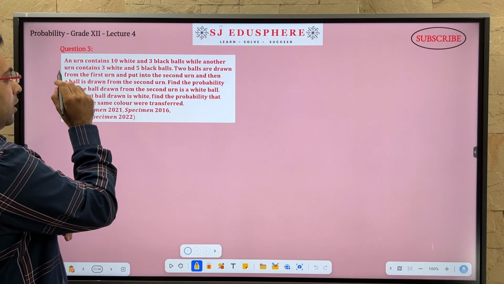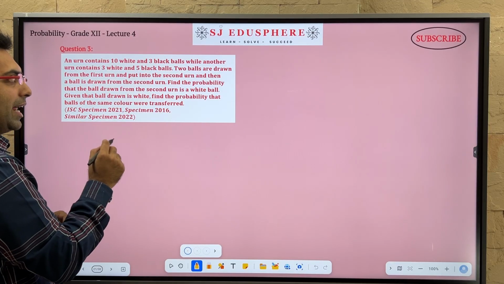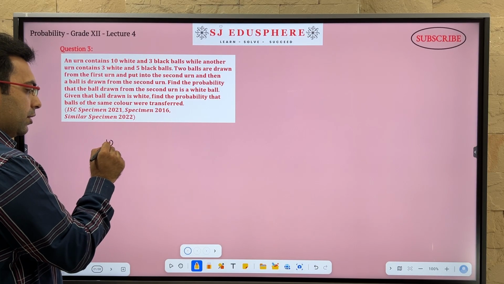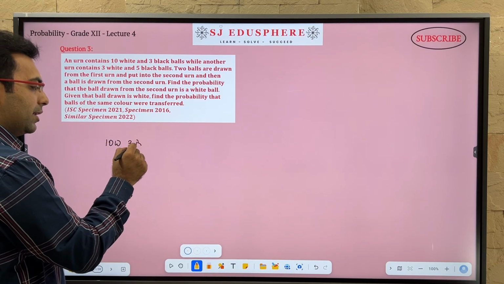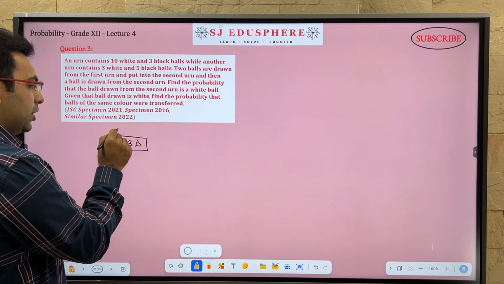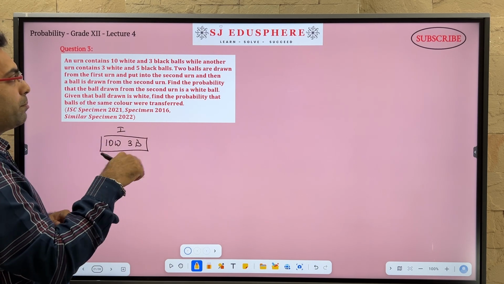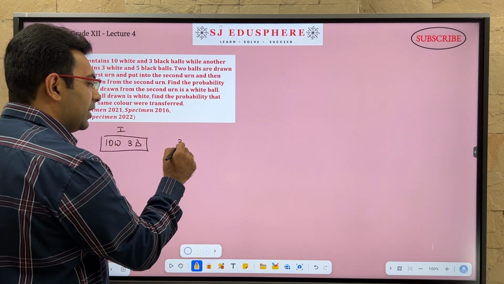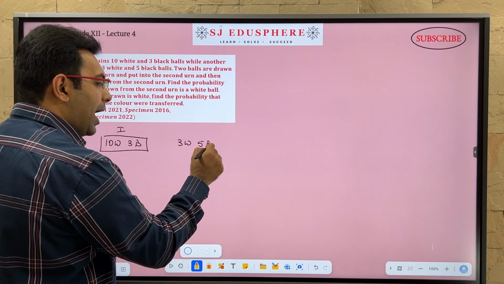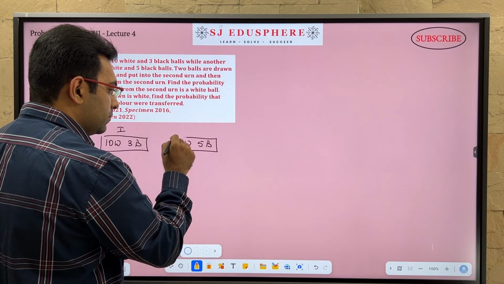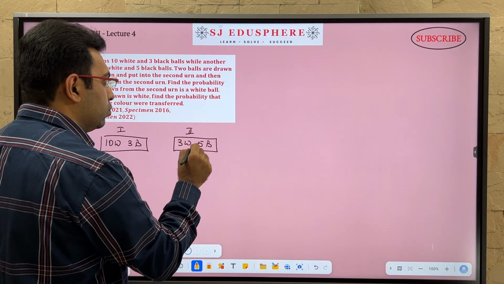I have urn 1 which contains 10 white and 3 black. This is in your bag 1. Your bag 2 contains 3 white and 5 black. Okay, this is your bag 2.